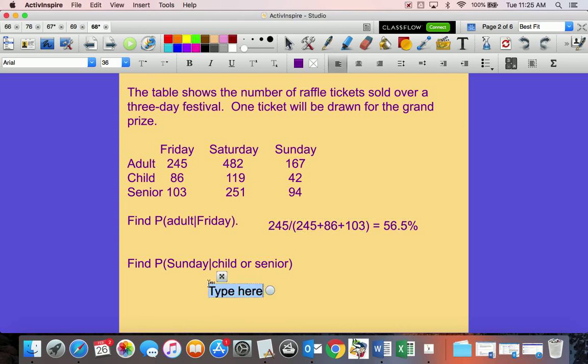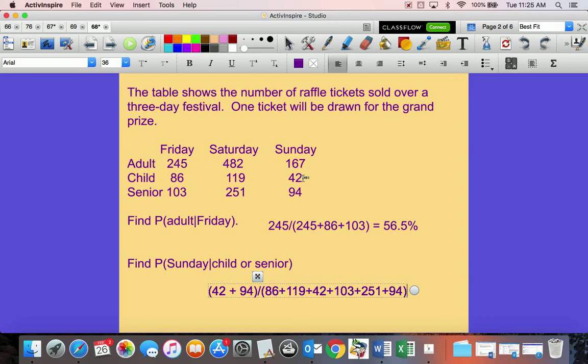The number on top would be the Sunday children or seniors, so Sunday children would be 42, plus the number of Sunday seniors would be 94. We're going to add those together, and then we're going to divide by the number of total children, so 86 plus 119 plus 42, and then also the number of seniors, so 103, 251, and 94.